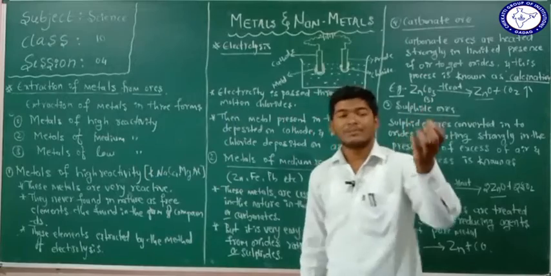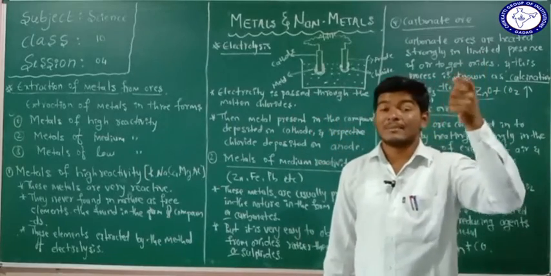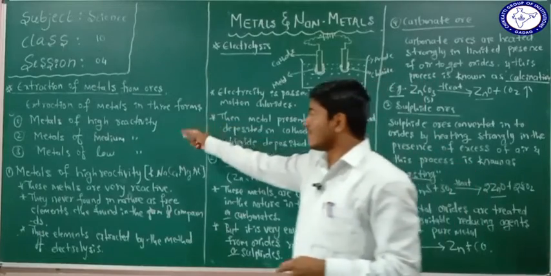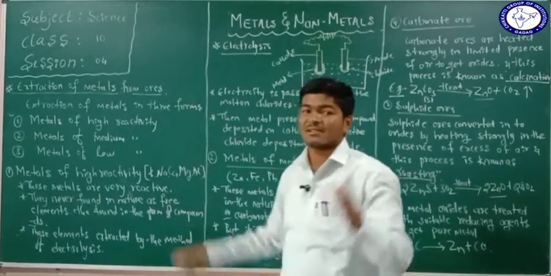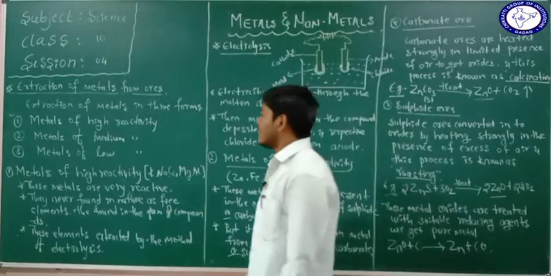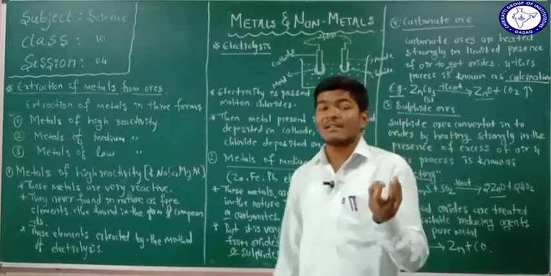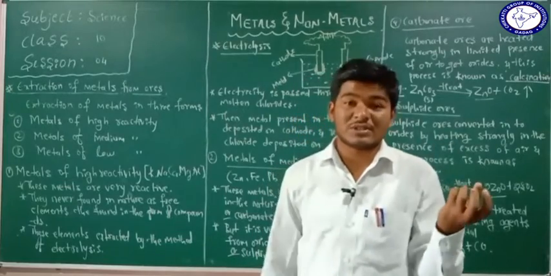With the help of the reactivity series, we differentiate the extraction of metals into three forms. First I am considering metals of high reactivity: how we are going to extract the metals which are more reactive in nature.